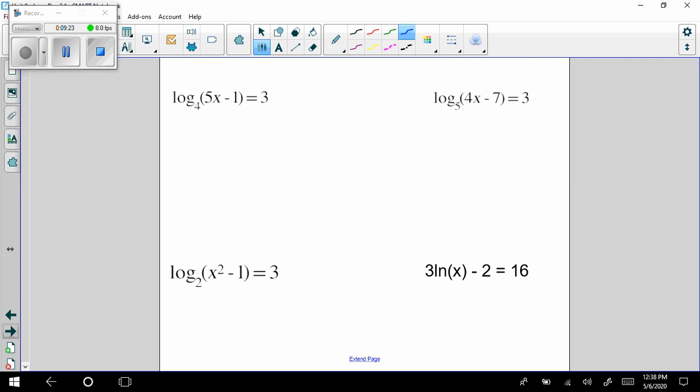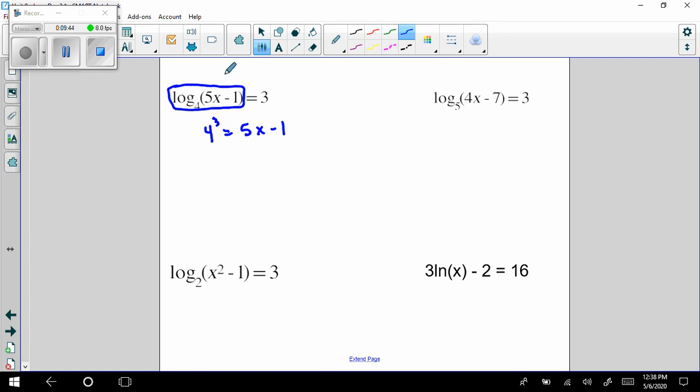All right, so you need to make sure that these logarithms here are isolated, where you have a log, you have the base, and you have the argument, nothing else. So this one is simply going to go 4 to the 3rd is equal to 5x minus 1.